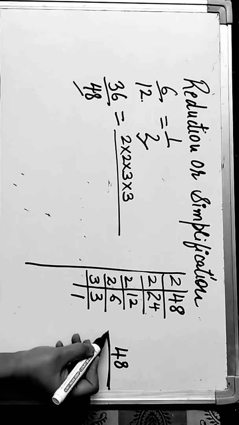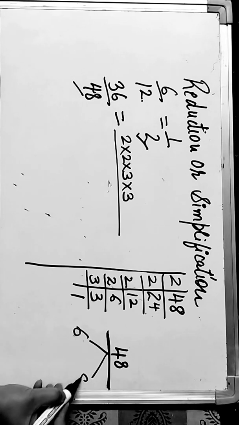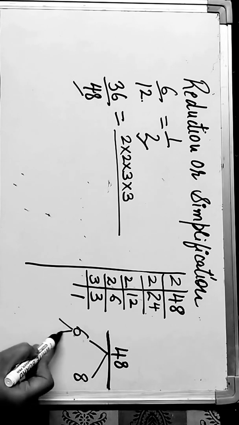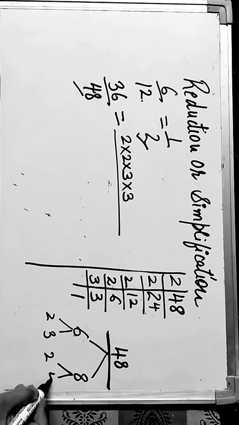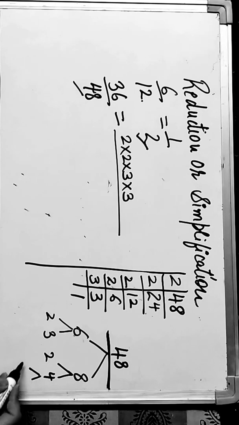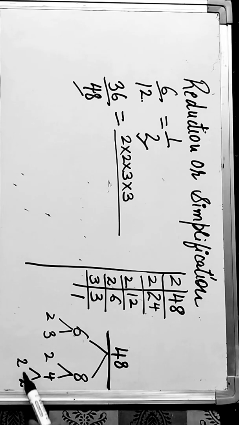So here also for 48, if we make a factor tree, we know the first numbers: 6 8s are 48. We know the further numbers, 2 3s are 6 and 2 4s are 8, but 4 is a composite number. 2 2s are 4. So how many 2s will we get? 1, 2, 3, 4.